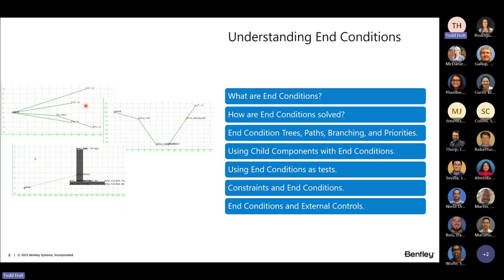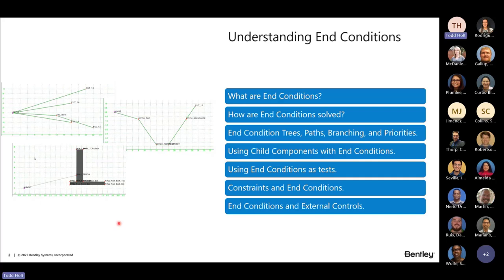So we may have our cut 1 to 2, our cut 1 to 4, a fill berm, and a fill slope, or we might have a ditch on there. So that's all the branching and the trees and the pathing. And then we're going to set priorities on the end conditions for what we want it to solve first, second, and third, and so on.